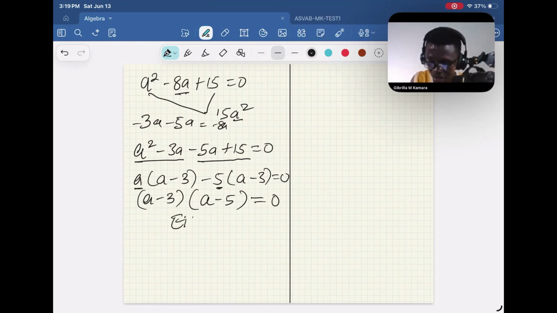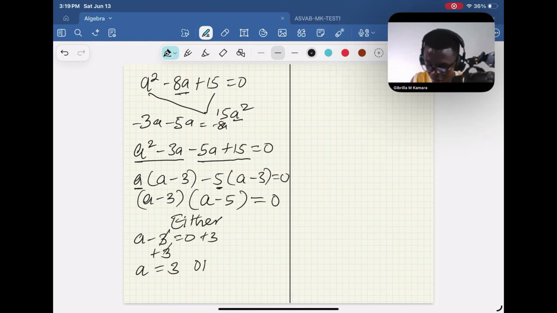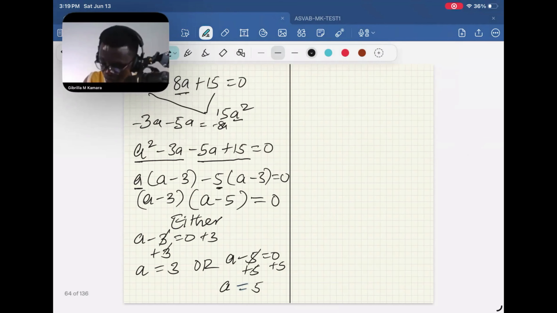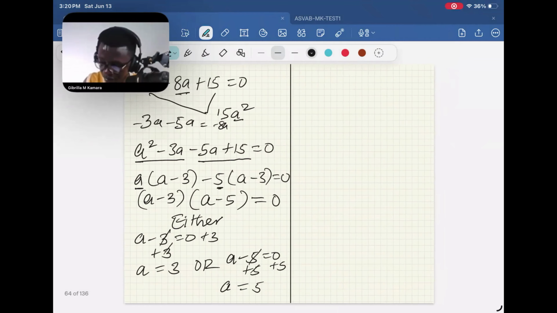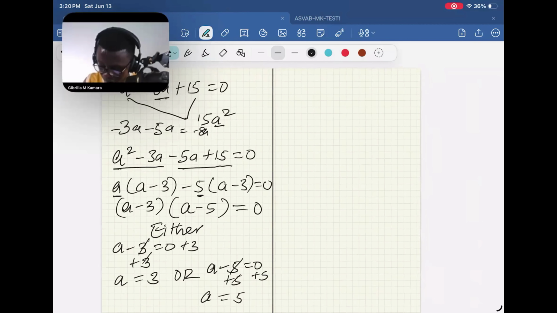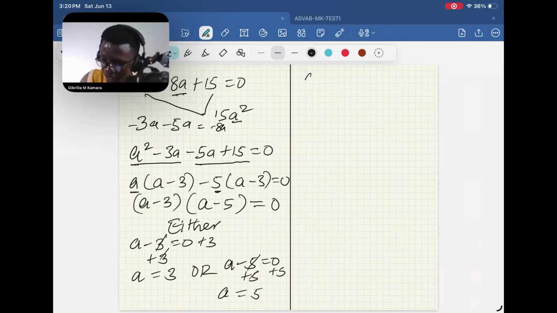So we say either a - 3 = 0, so if you add 3, your a is 3, or we can have a - 5 = 0, add 5 on both sides, so my a is 5. So we have a = 3 or 5.